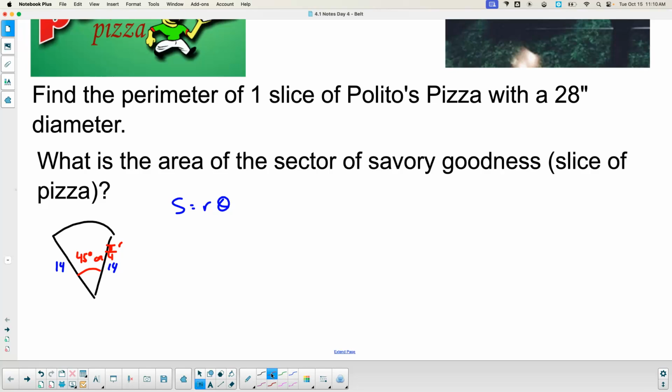So then, now we can use S equals R theta, because we know that the radius is 14. We know that theta is pi over 4.